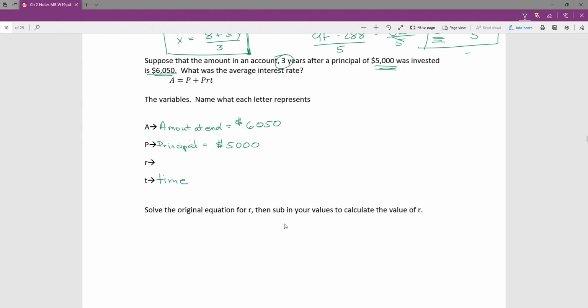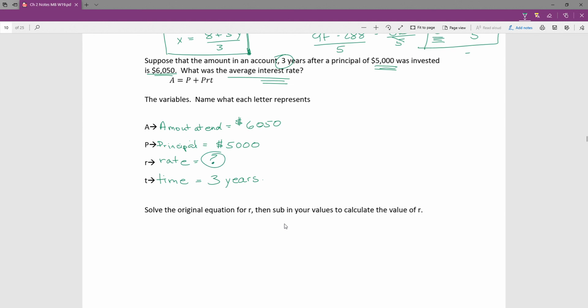And oftentimes we pick variables that make sense with the thing that they're representing. So V is for velocity, right? So the time is in years, it's 3 years. So this one says, what is the interest rate? So this is the rate, and this is what we don't know. This is what we're trying to figure out.